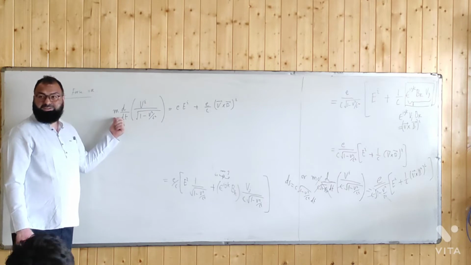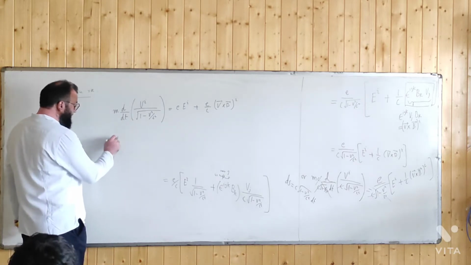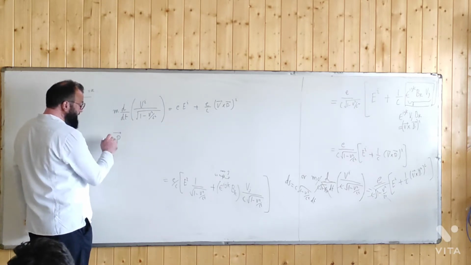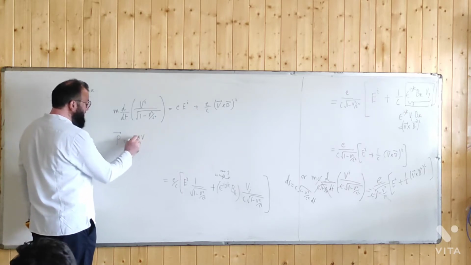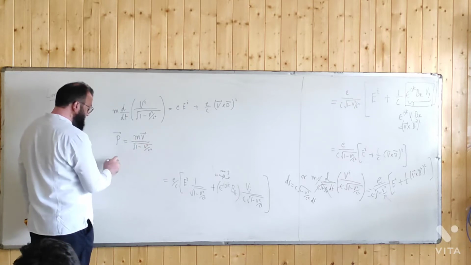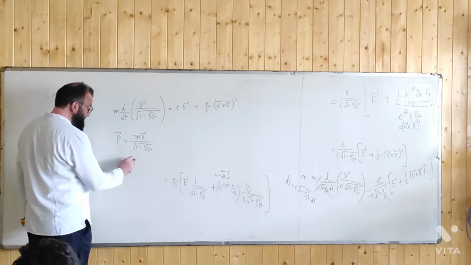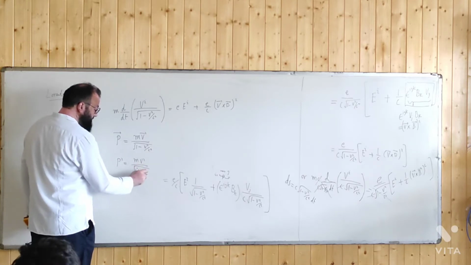Any question? So now I can define the relativistic momentum, the three-momentum, as m v divided by root of 1 minus v square by c square, which implies its ith component is m v_i by root of 1 minus v square by c square.